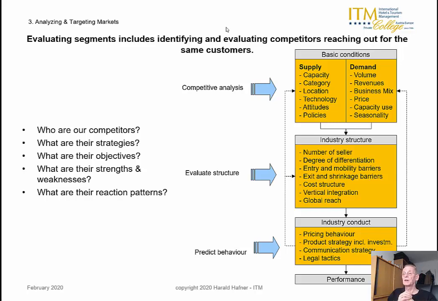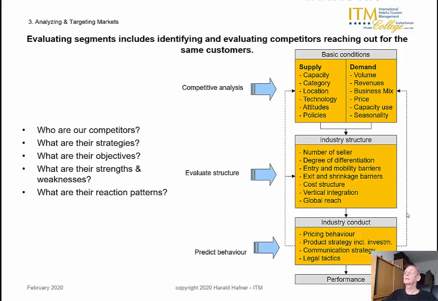First of all, focusing on identifying them. Secondly, what are their objectives and strategies? Then we'll take a look at their strengths and weaknesses. And finally, we would like to evaluate their reaction patterns.